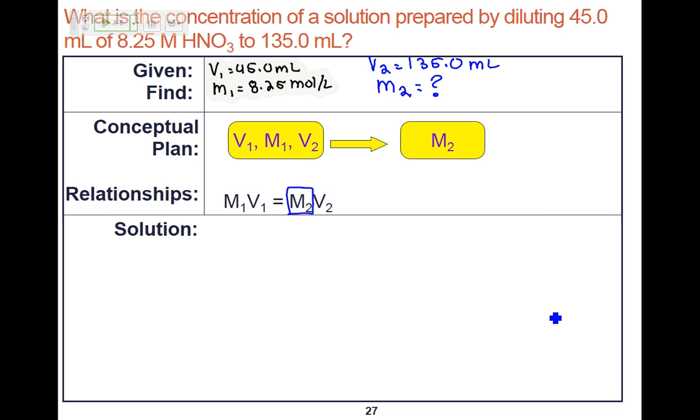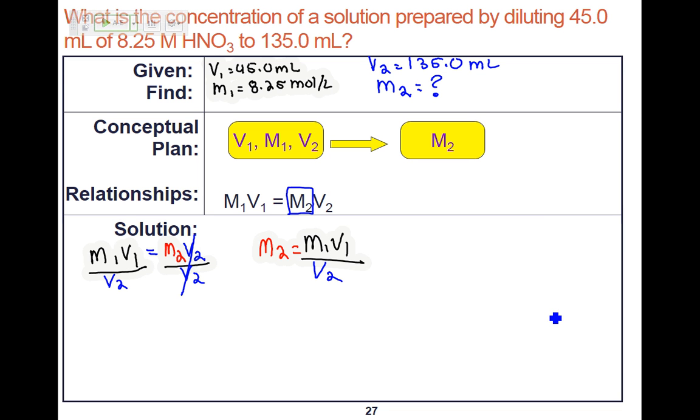So, we're looking for M2. I can divide both sides by my V2. My V2 cancels out. So my equation is M2 is equal to M1V1 over V2.